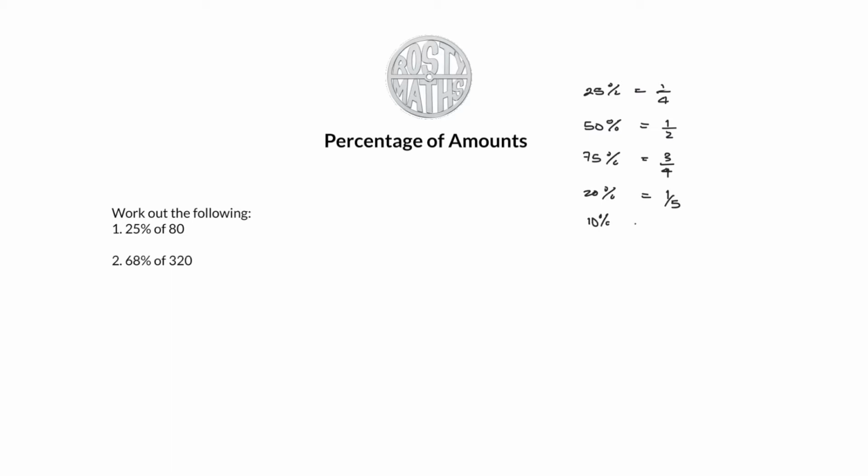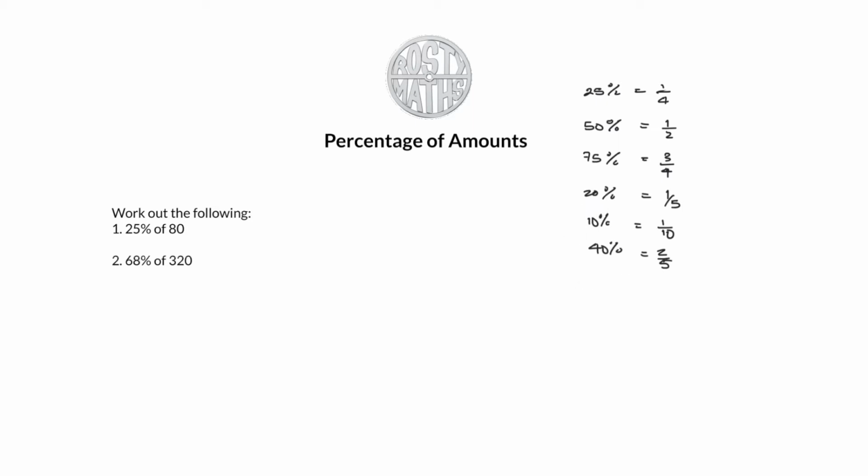10% is the same as finding 1/10, or dividing by 10, of something. Okay, what else have we got? So like 40% is the same as 2/5. And you can see some links here, because if 1/5 is 20%, then 2/5 would be 40% because it's double 20. 3/5 would be 60%, and so on.